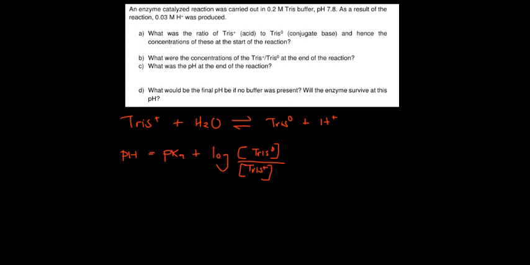So if the pH is 7.8, then the pKa value is 8.1, then what will be the ratio of the Tris base to the Tris acid?